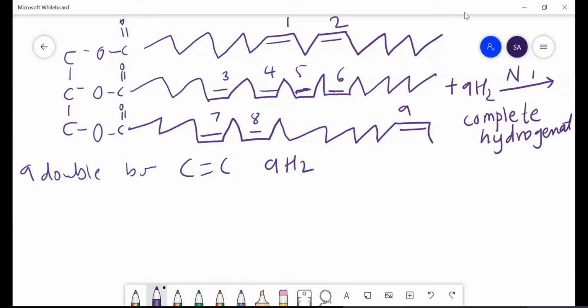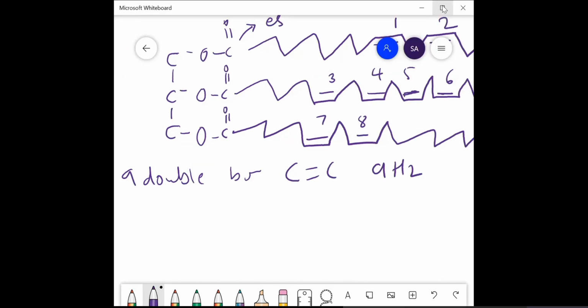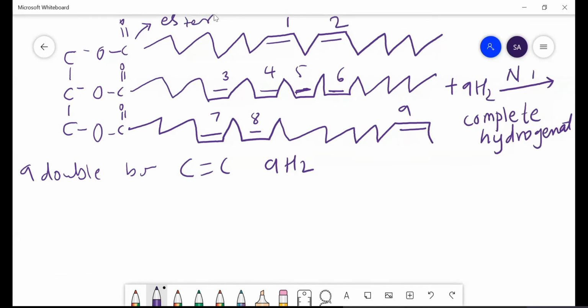What is the reaction? In the reaction we just saw, the ester bond does not change. The number of carbon atoms is not going to change. What is going to change? Only the double bonds are going to change. So what are we going to get? Everything will remain the same, only the double bonds will get converted into single bonds.